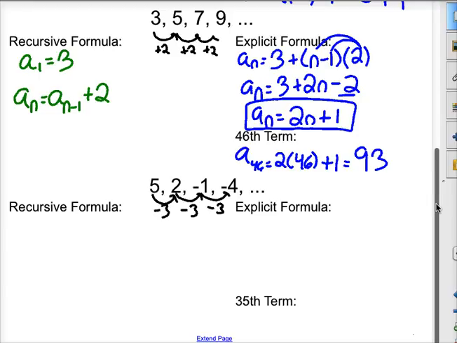So in this case, I'm subtracting 3 from every term. That is also arithmetic. So recursively, I need to identify what is my first term, and then I state that for every term, I take its previous term and I'm subtracting 3 from it.